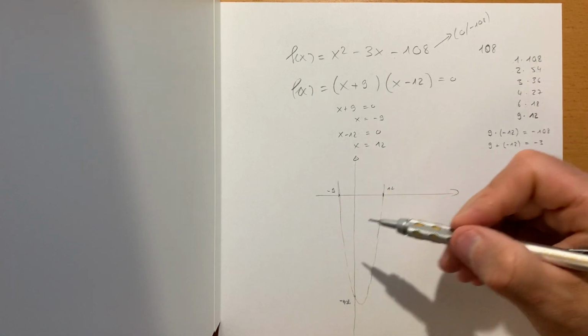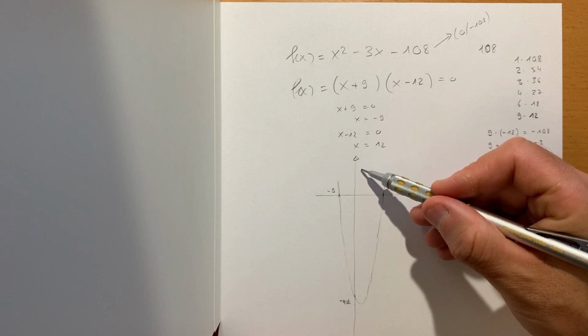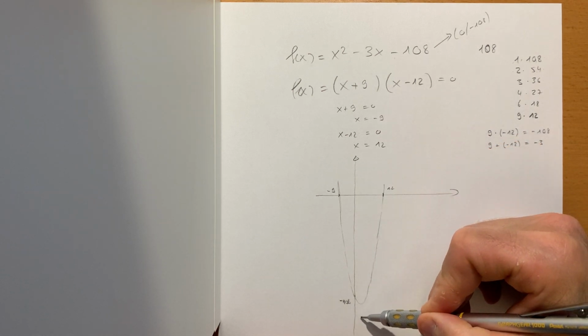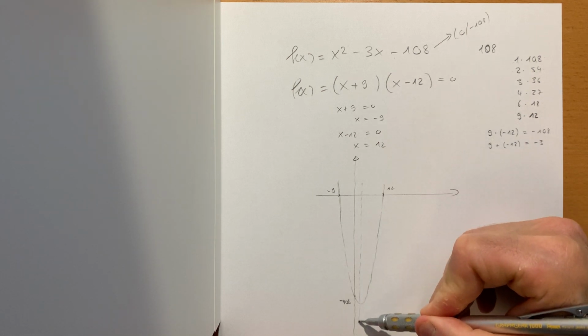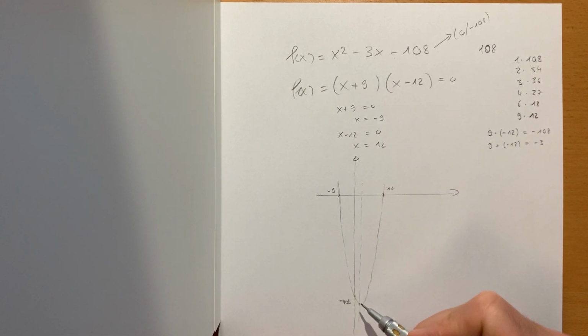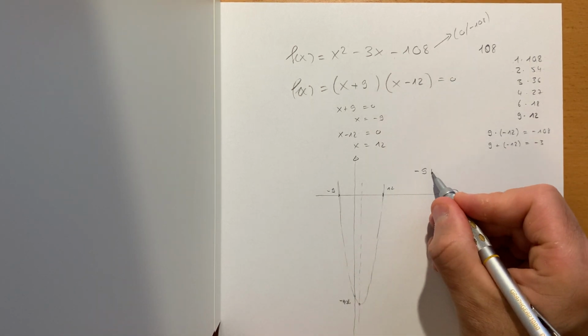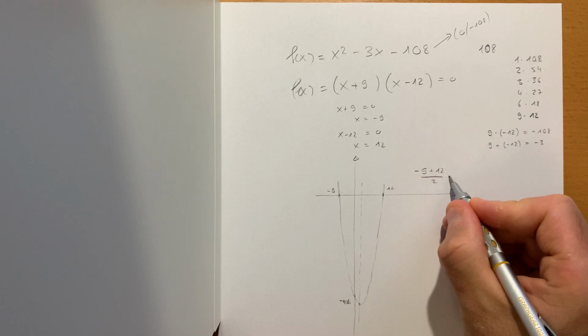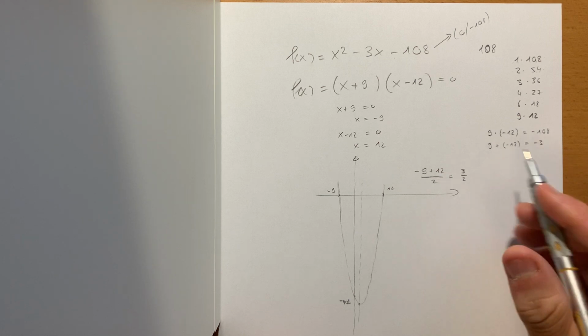And you know that your function is always symmetric with respect to the vertical line through the vertex. So the vertex goes through this vertical line. So it's right in the middle. So minus 9 plus 12 divided by 2, that's 3 halves, 1.5.